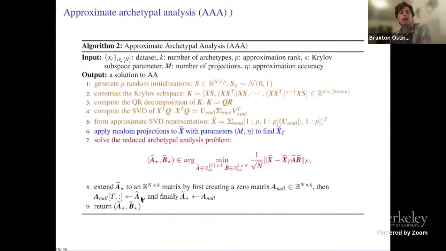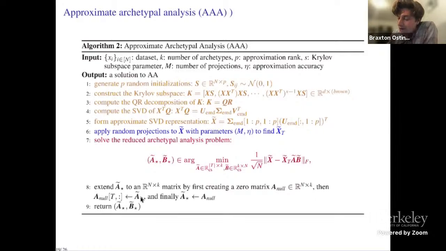All right, so I'm going to put these ideas together now, and this is our approximate archetypal analysis method. The first thing I do is use these ideas of Musco and Musco to find a reduced dimension data X tilde. Then I apply this random projection method to X tilde to find X tilde T, a subset of the columns of X tilde.